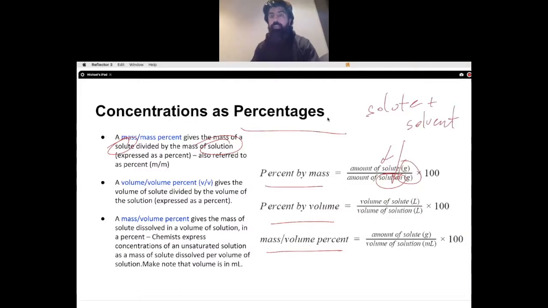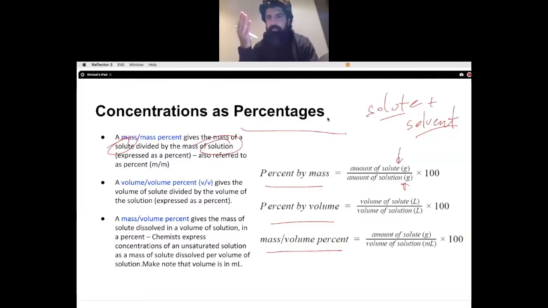So solute plus solvent will give me the entire solution. Sometimes you might be asked to add the two masses together, or sometimes you'll be given the entire mass as is. But what you're doing is finding the mass of the solute, dividing it by the mass of the entire solution, and multiplying it by 100.